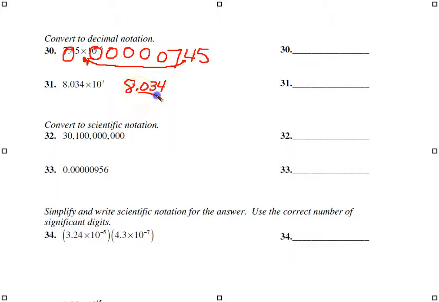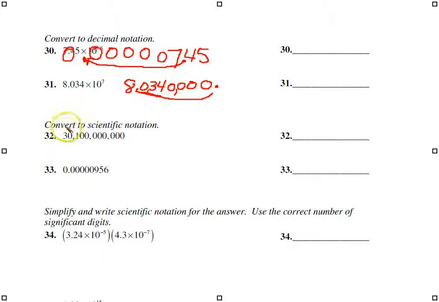So I have 3. I'm going to add 4 more zeros. And I'm going to move the decimal place over to there now. Here you don't have to add an extra 0, and you don't have to have that decimal place there. This is the number. We sometimes use commas to separate every 3. So this would be 80,340,000.